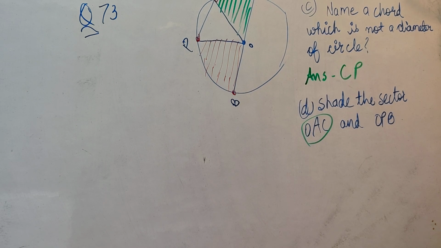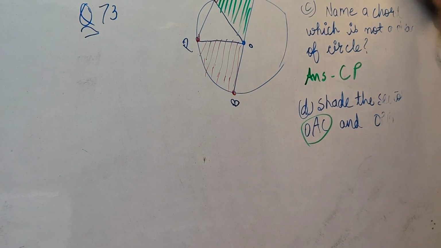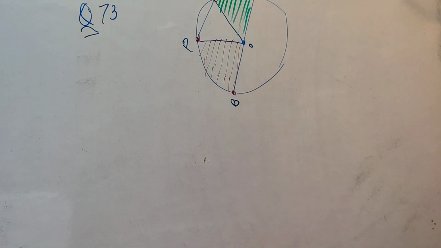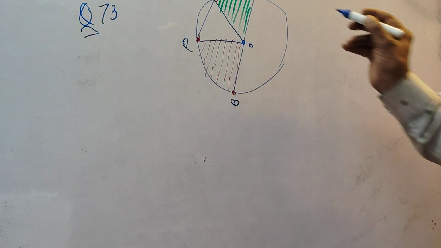After D is part E: shade the smaller segment of the circle formed by CP.